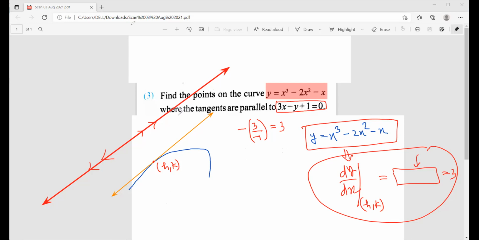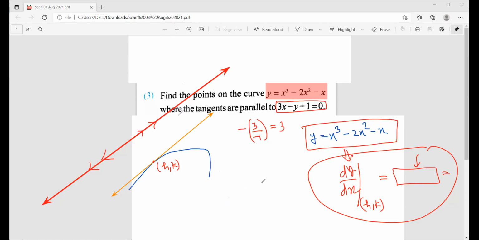What I'm trying to tell you is, if there is a possibility of two tangents, you need not worry. Automatically, mathematics will take care of it, and it will give you 2 points. It will give you two h values, and hence you will get two k values. But in the beginning, you go by one only. Mathematics will take care of it.